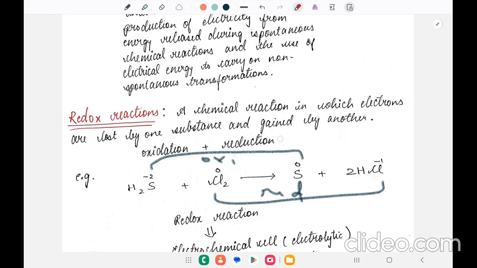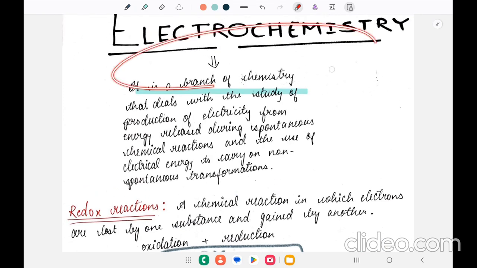So both oxidation and reduction are happening, so it is a redox reaction. In these reactions we can observe the transfer of electrons, and therefore it can generate electricity. Therefore, redox reactions set up the basis for electrochemical cells.